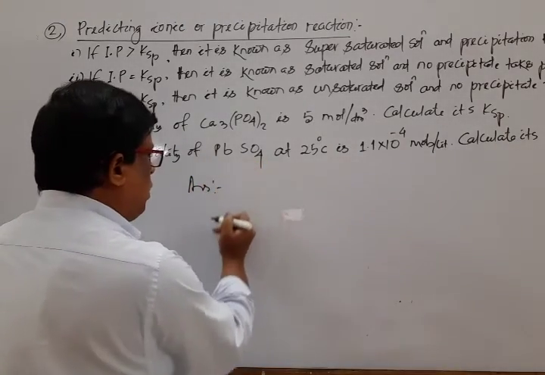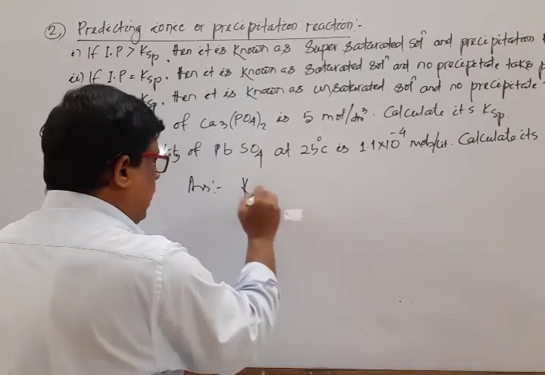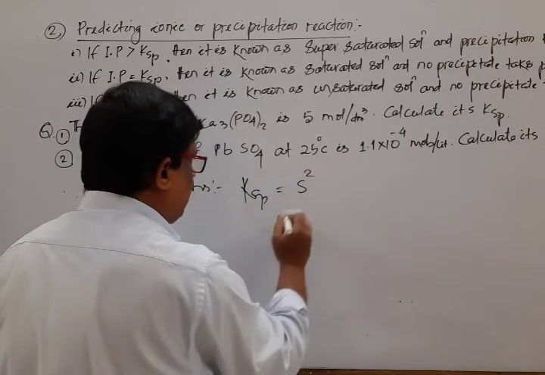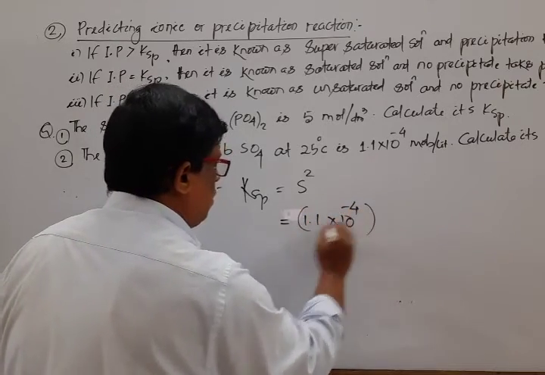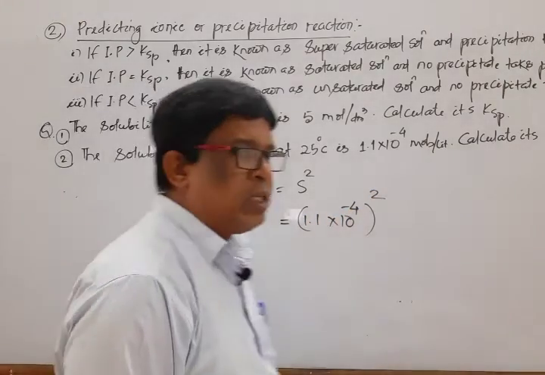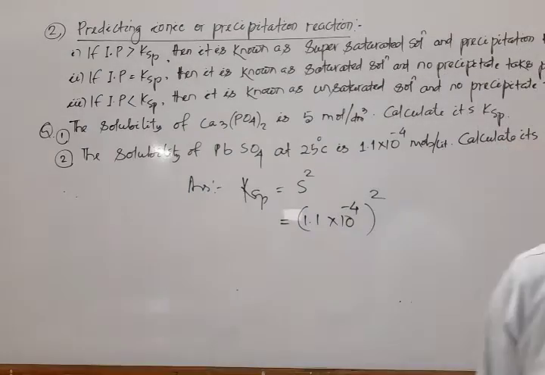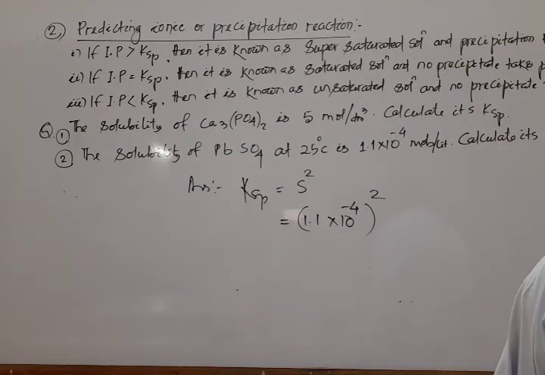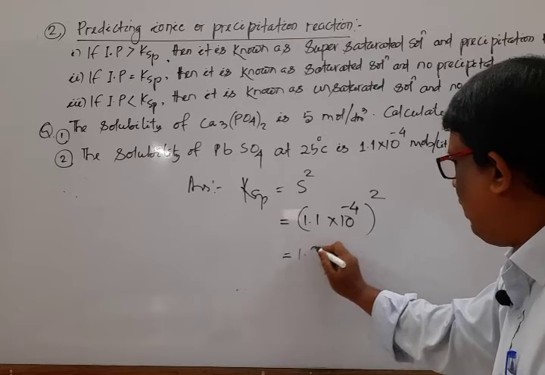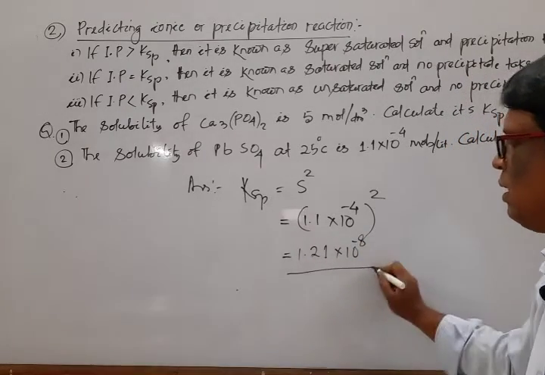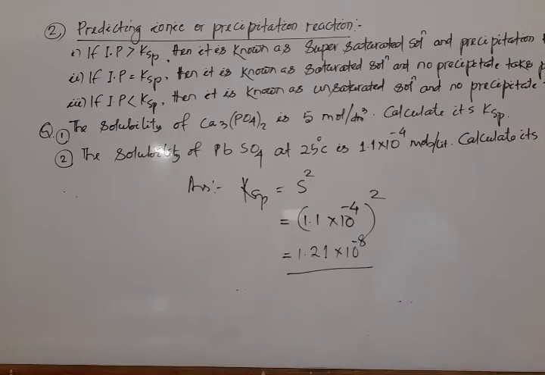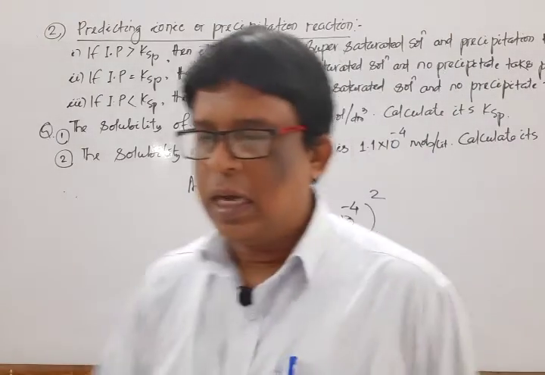For the type of salt A1B1, Ksp is equal to S square, which implies 1.1 into 10 to the power minus 4, squared. On solving this value, the answer is nearly equal to 1.21 into 10 to the power minus 8. This is the solubility product.